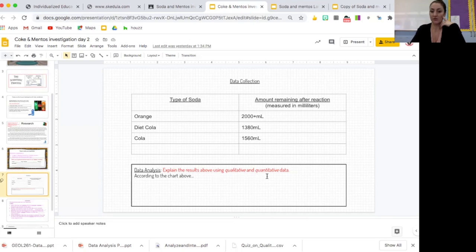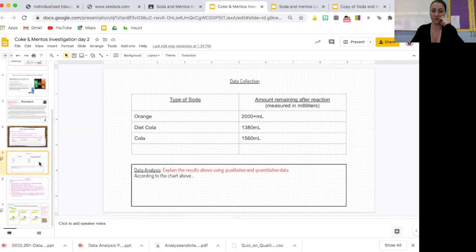And then it asks you for quantitative data, and that's where you just relay these numbers, okay? So the diet cola had the least remaining in the bottle compared to the orange with 2,000, cola with 1,560. Therefore, the Diet Cola had the least remaining in the bottle. The geyser went the highest. So that's just a quick explanation.